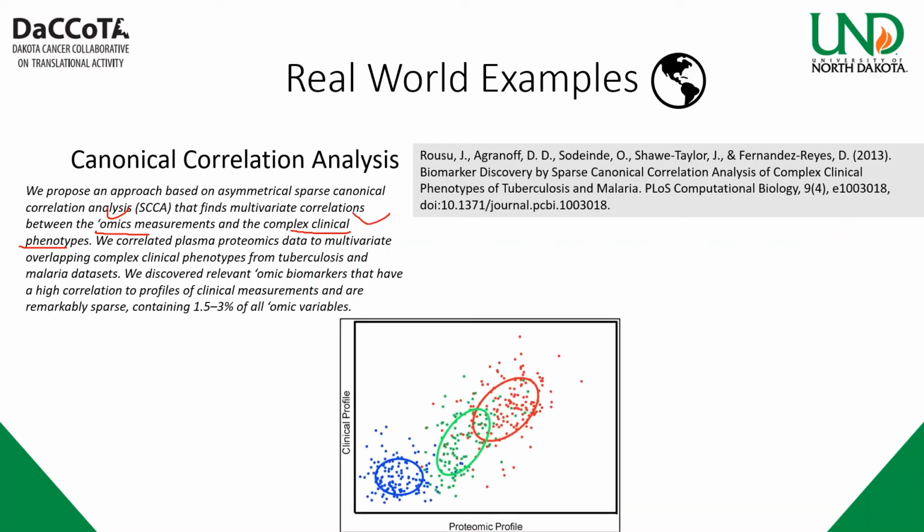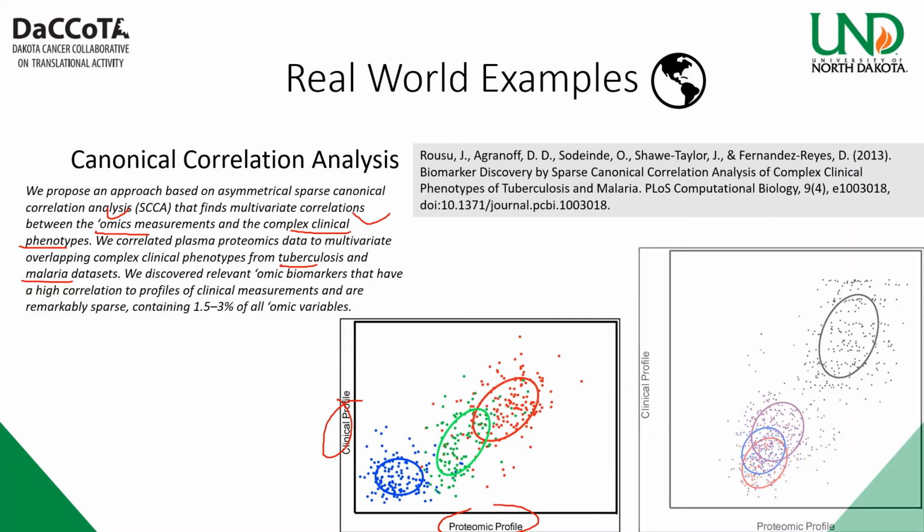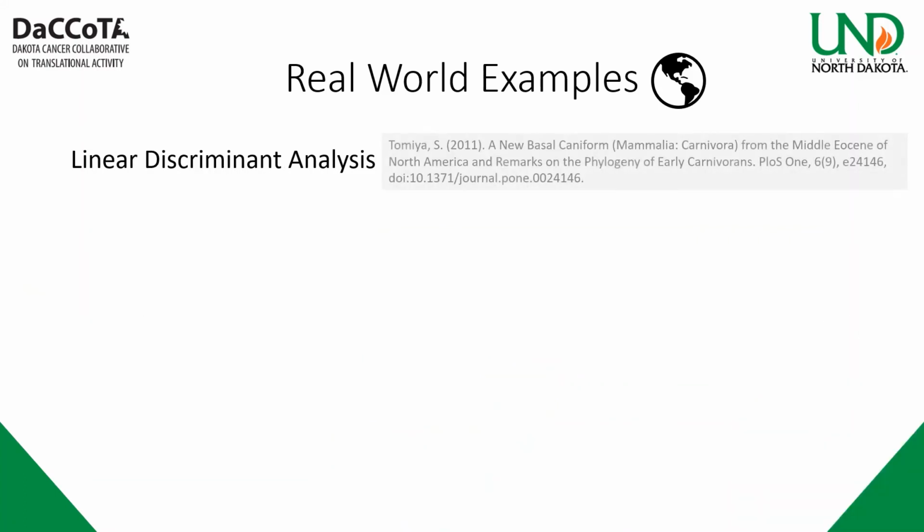For tuberculosis and malaria, they're able to have a proteomic profile and a clinical profile and actually separate groups, a little bit less so with the malaria, but it's kind of interesting.